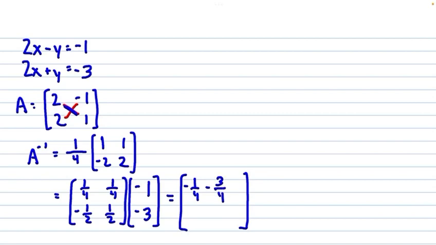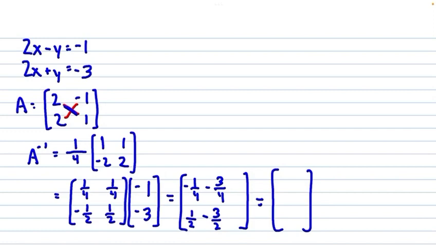Okay, and for our next line, we have negative 1/2 times negative 1, which is 1/2. And then 1/2 times negative 3, which is negative 3/2. So we can easily just solve this problem.